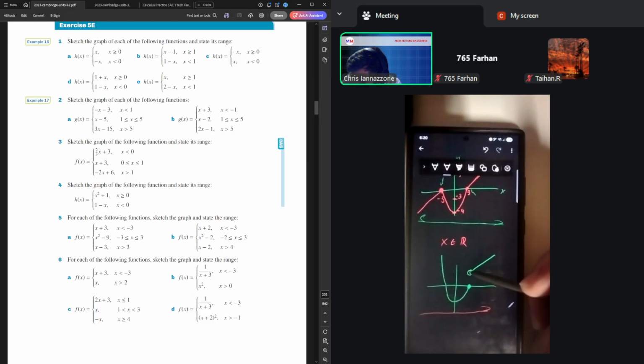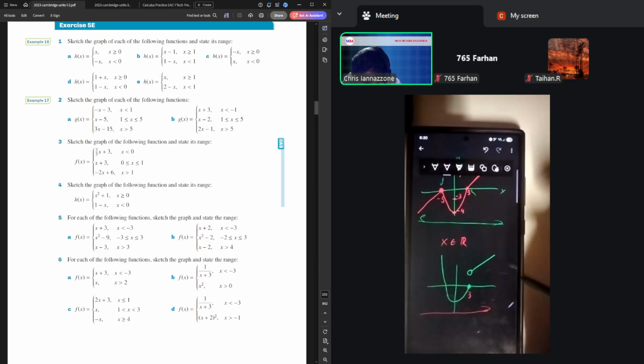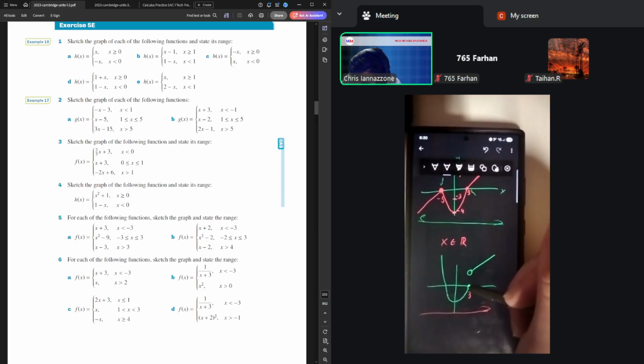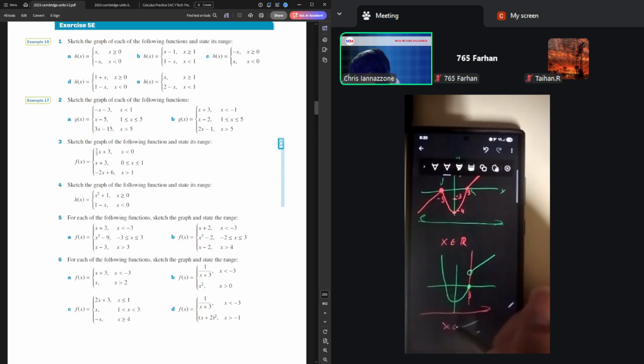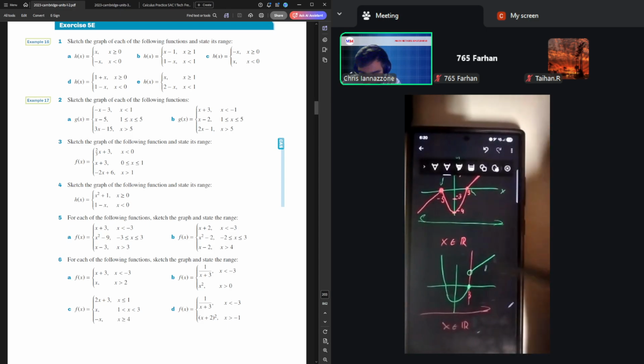The only bit that's a bit weird here is, is x equals 3 included? Well, it's included down here. So even though it's not included up there, there is still at least one spot on this graph where there is an inclusive dot on it. So this one also ends up being x is an element of all real, because x equals 3 does still have a value down here.